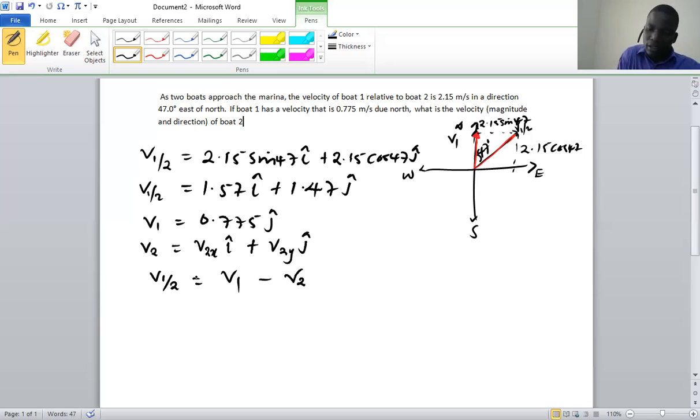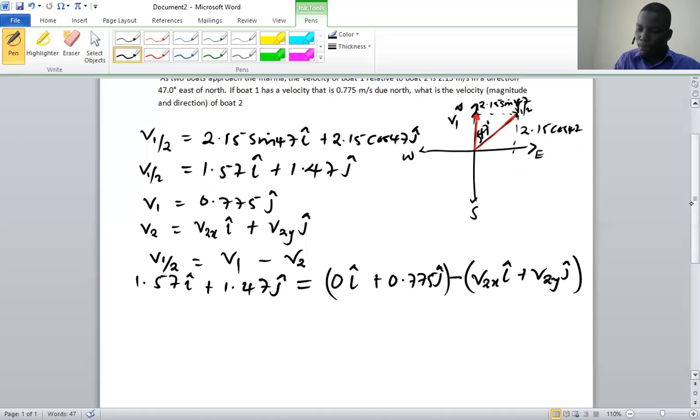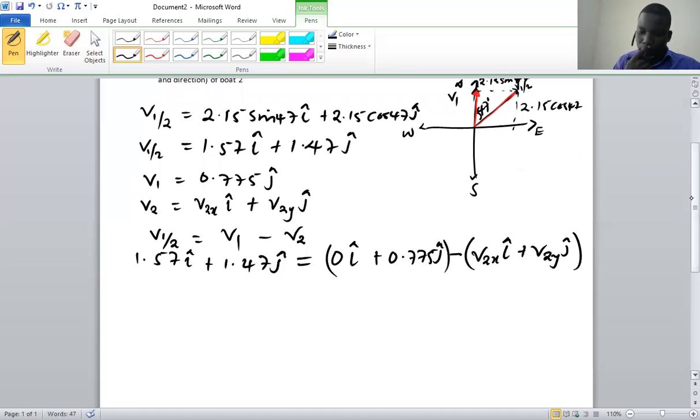So we have 1.57 i plus 1.47 j, the relative velocity, equals 0 in the i plus 0.775 j, minus v2x i plus v2y j.